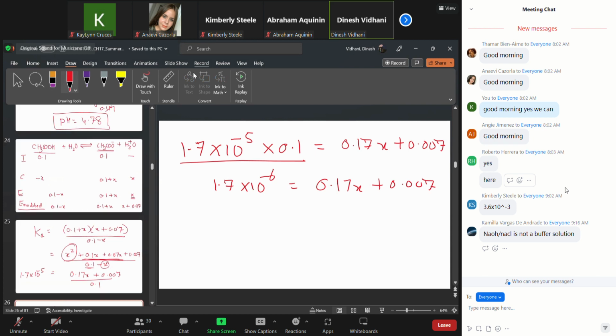Exactly. Can we have X equal to negative? No, we cannot have a negative concentration. Either you have something or you don't have something. You cannot have negative of something. So can you find the mistake? Where is the mistake? There is a mistake. I can see it right there. Can you spot that mistake?